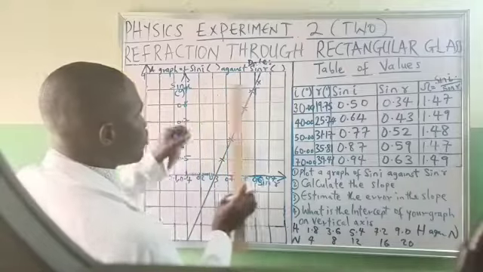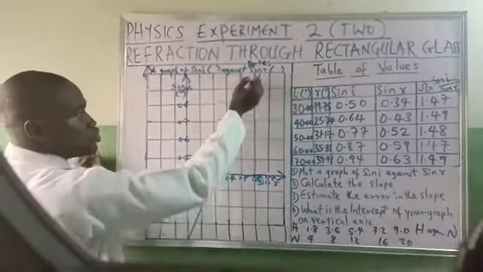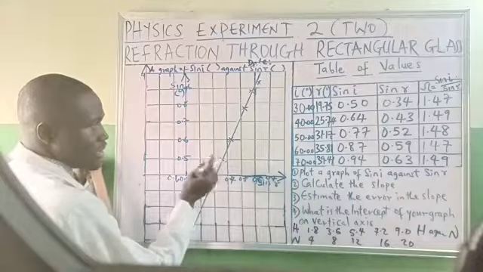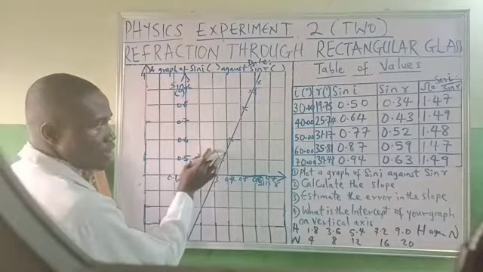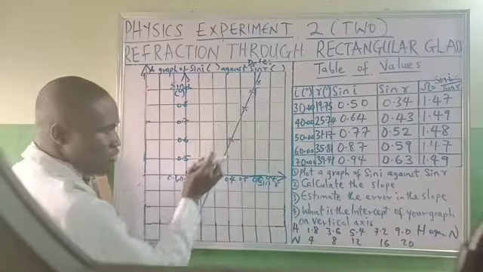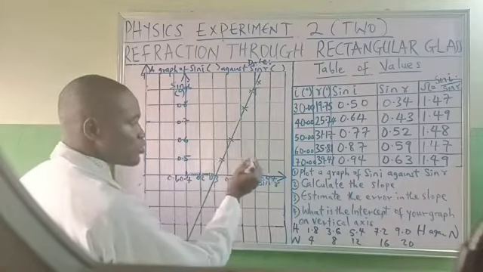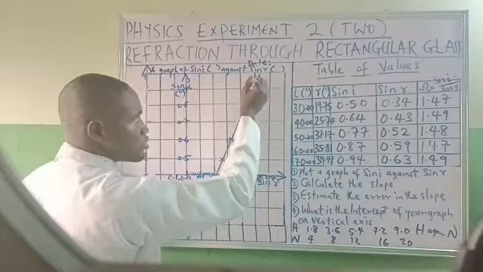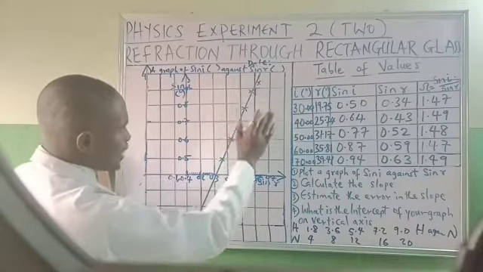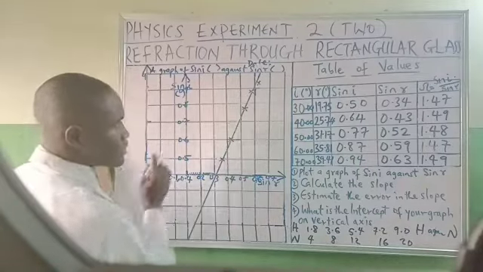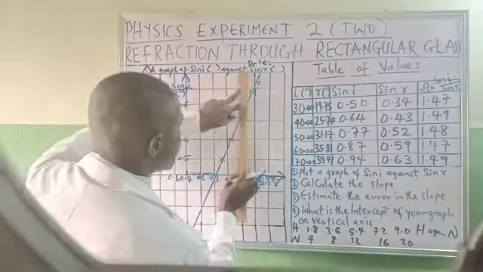To calculate the slope, you draw a triangle on this line of best fit such that it will cover at least 2/3 of this graph sheet. So I can pick it like this.